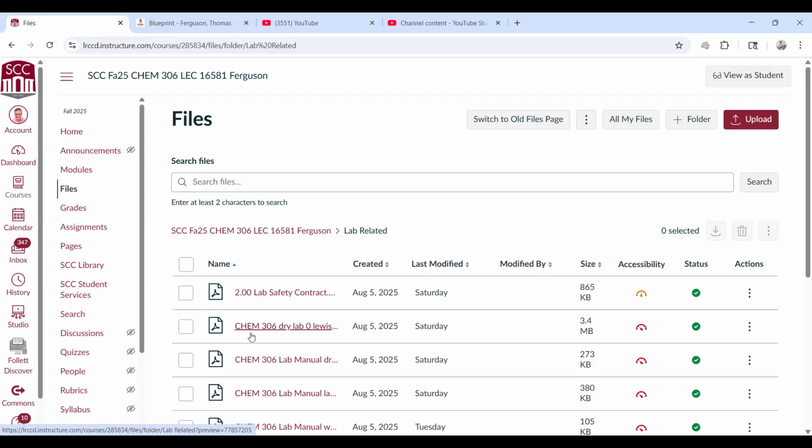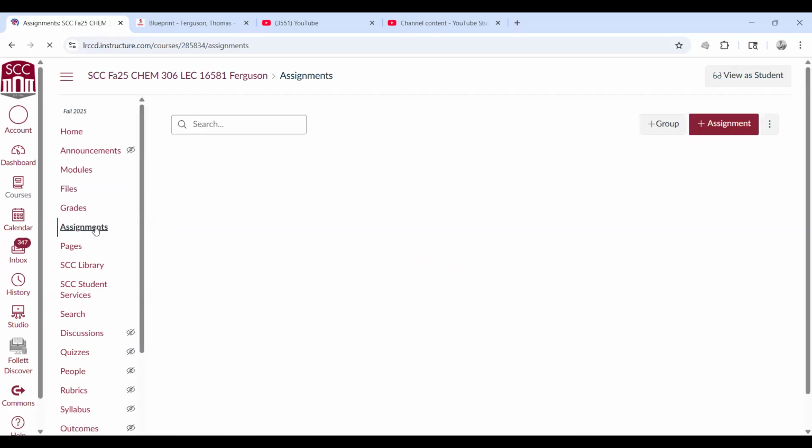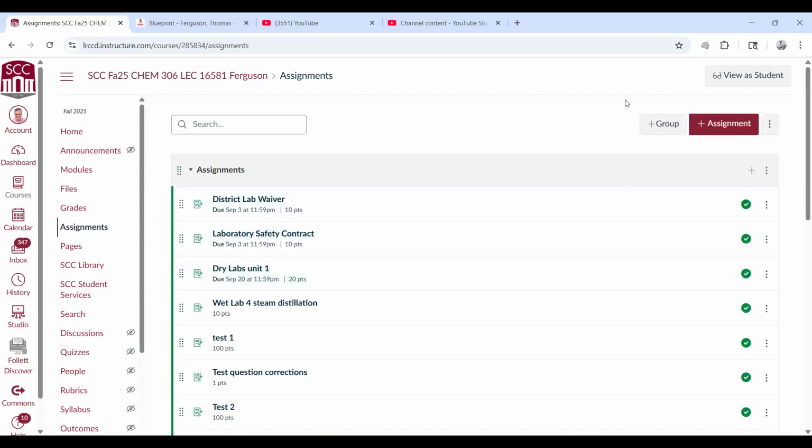The assignment, when you click on it, will prompt you for a file. That's the PDF file you scanned of your lab. Okay, does that make sense? So for example, if we go over here to assignments, and I'm going to go into a student view.